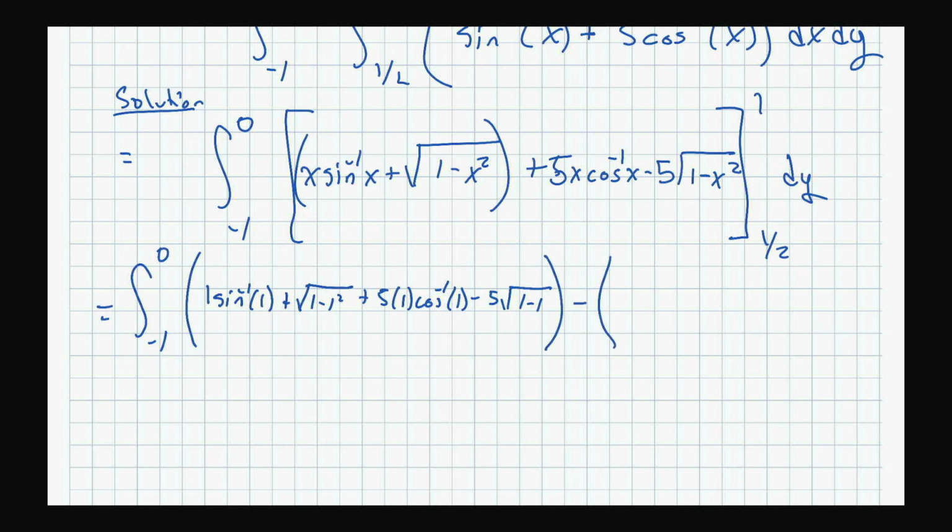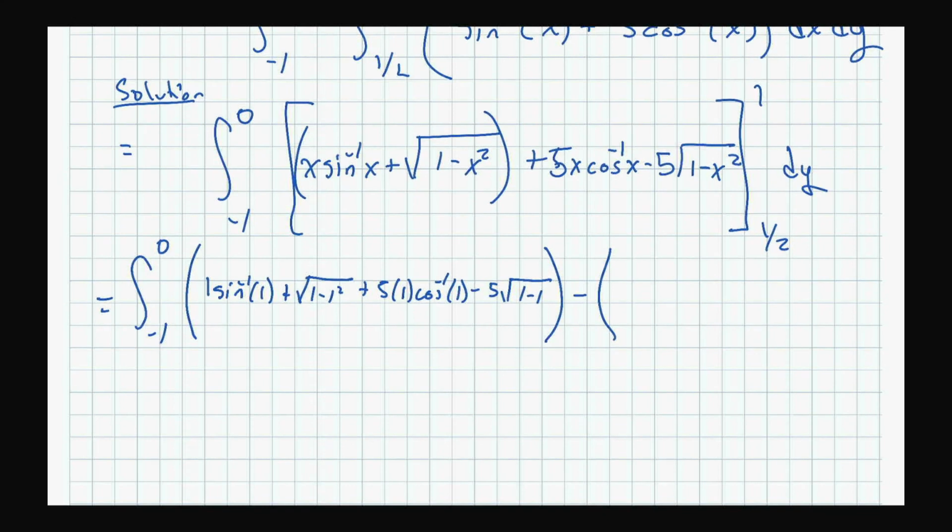Minus, do the same thing, but with a 1/2. So 1/2 sine inverse 1/2 plus square root 1 minus 1/2 squared. I don't want parentheses there. Plus 5 1/2 cos inverse 1/2.